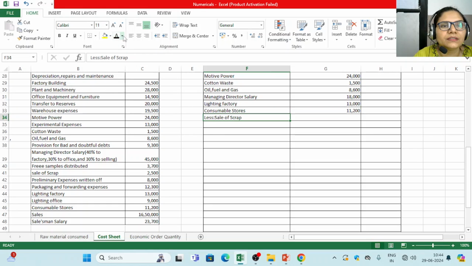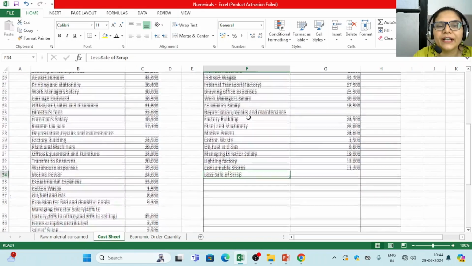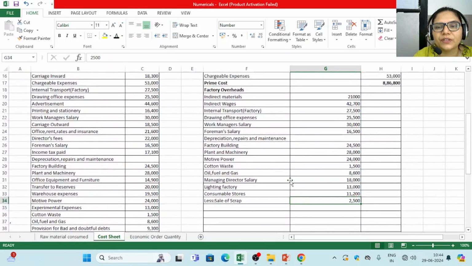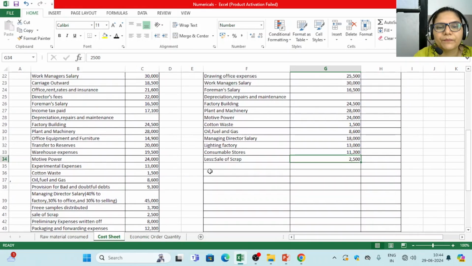Next is sale of scrap. Any scrap, as we have discussed in the previous session, has to be deducted under the heading of factory overheads. So in the question, it is given scrap value of rupees 2500. So we will deduct it from the overall total factory overheads.